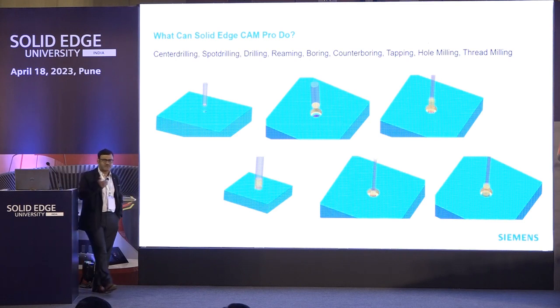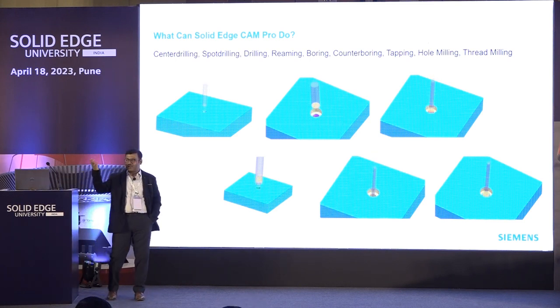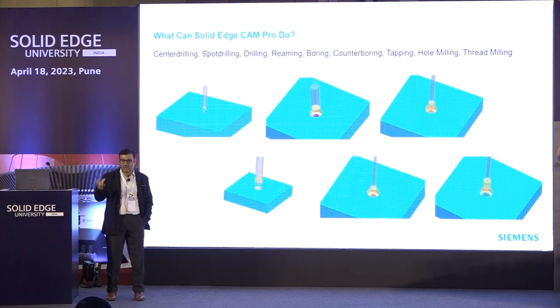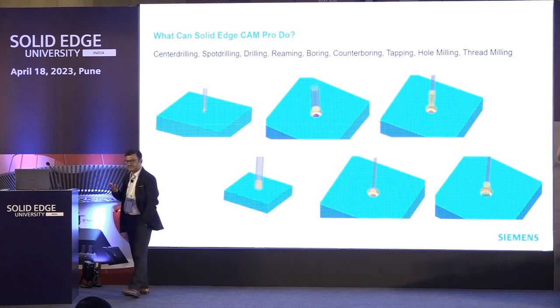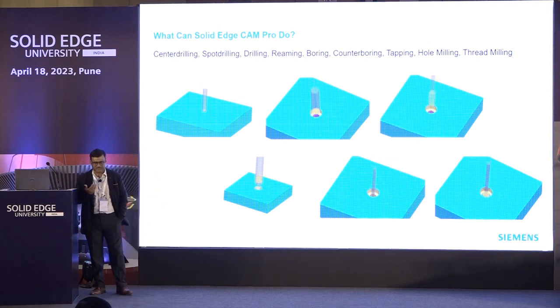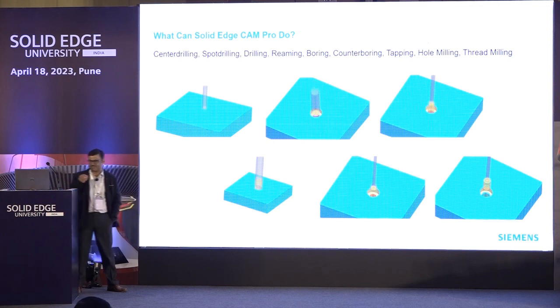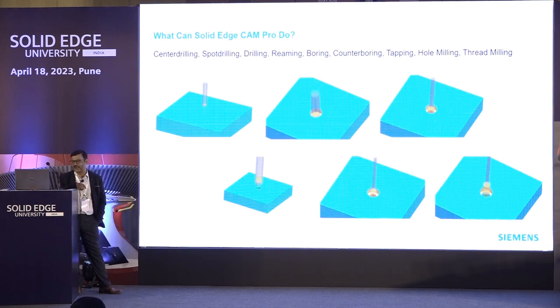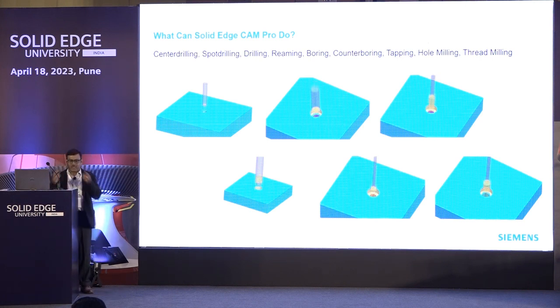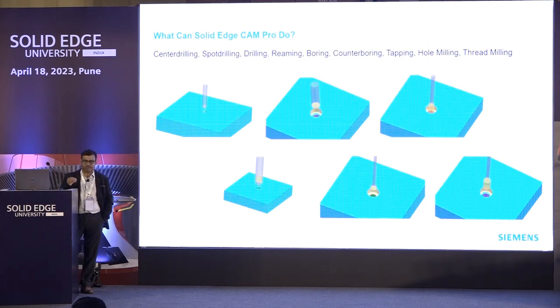Apart from that, you can even do drilling, because you saw many parts with holes, right? You saw some hole enhancements which Rahul showed all of us in a live session from the Siemens side. You can do centerline drilling, spot drilling, pocketing, reaming, tapping, boring, all the manufacturing-related applications: milling, hole making, thread milling.